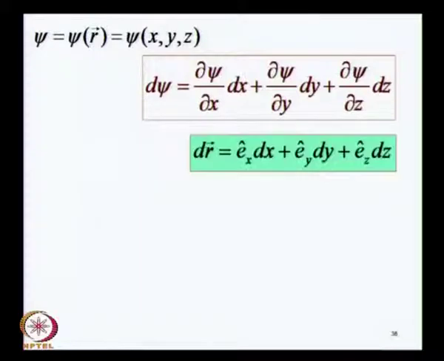So, these are the main ideas, that for any scalar function you define the increment in that function, which is d psi. This increment is because of the rate of change of this function with respect to the independent degrees of freedom times the change in the independent degrees of freedom themselves, for all the 3 independent degrees of freedom.